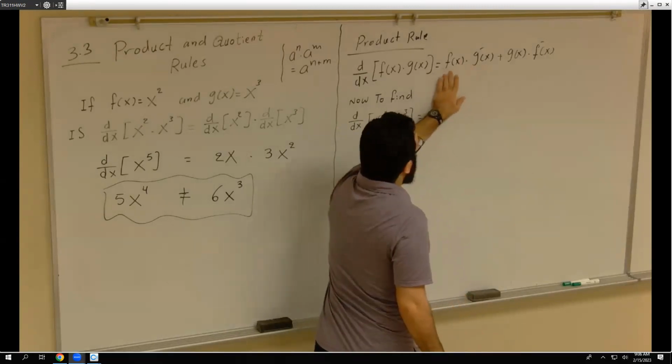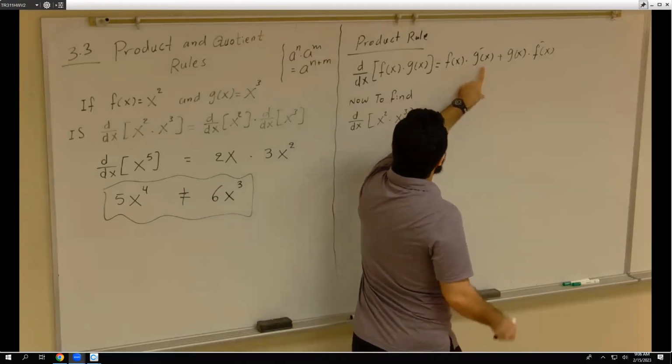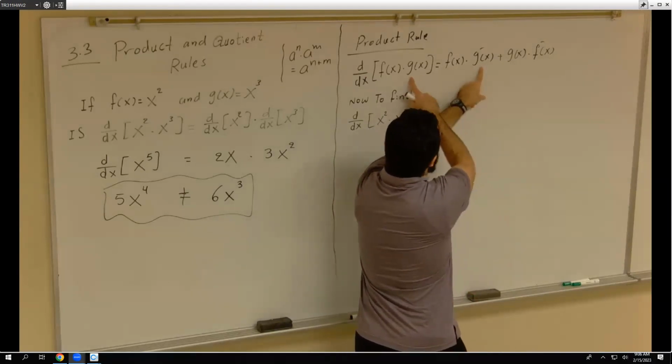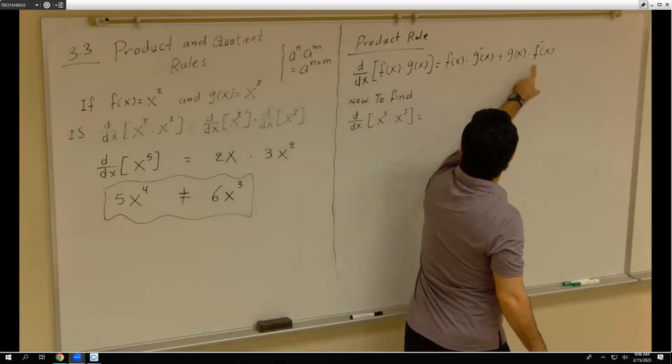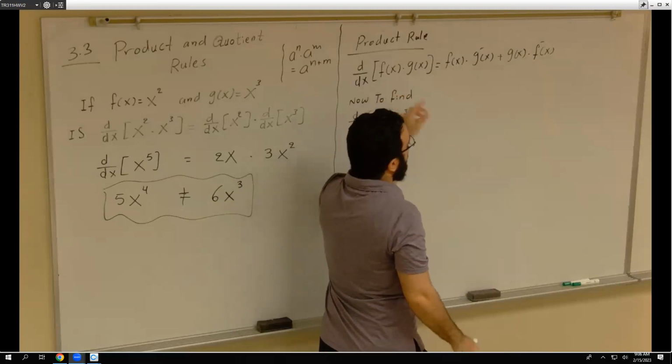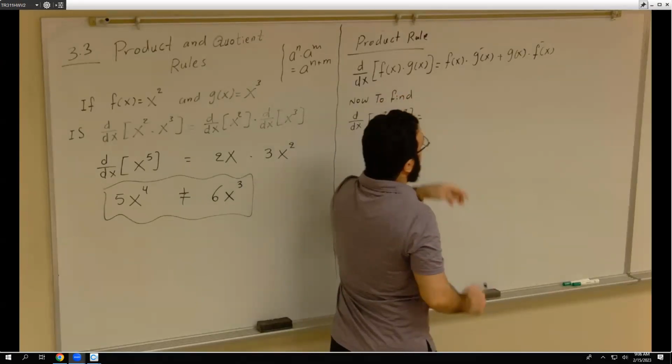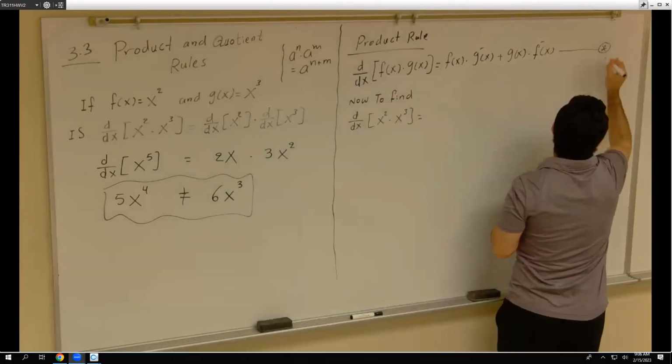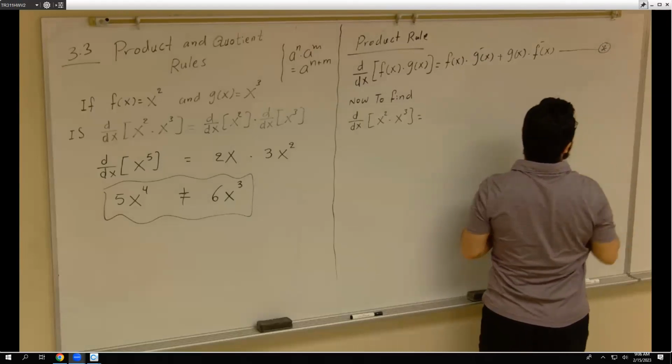That means you're going to write down the first function times the derivative for the second one, plus the second function times the derivative for the first one. So you have to memorize this rule. You're not going to keep looking at the rule when you're solving the examples.